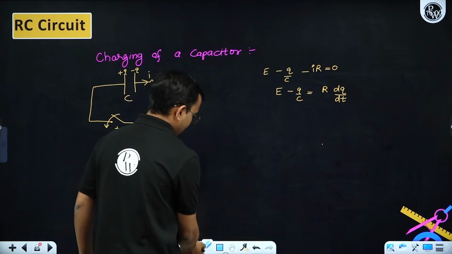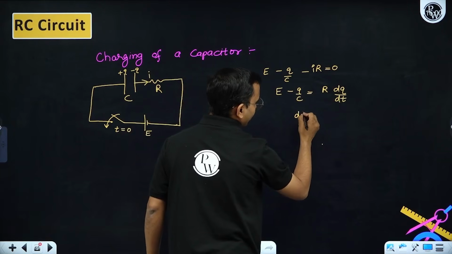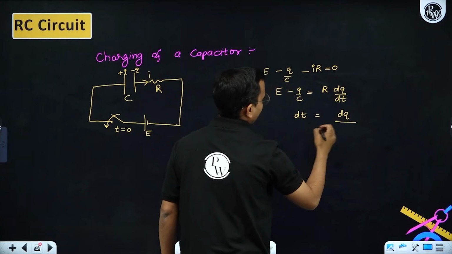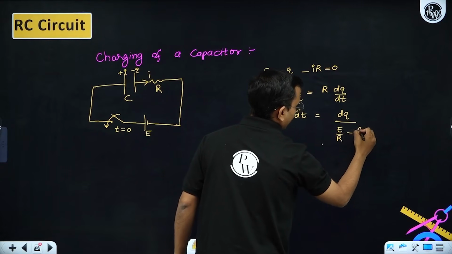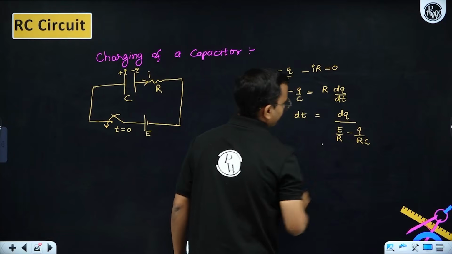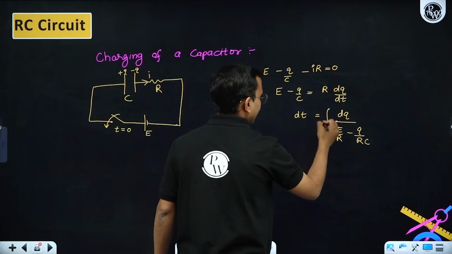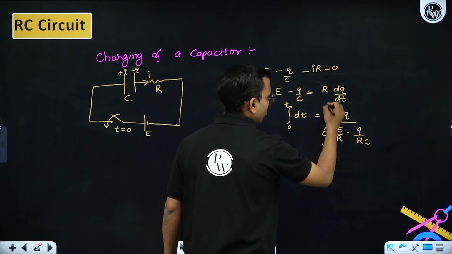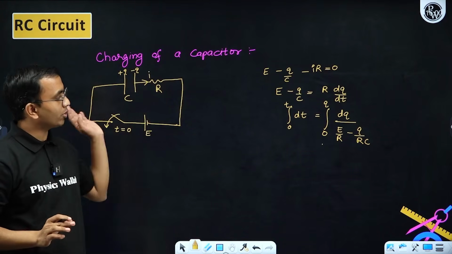I can take R in the denominator, and then I can write this equation this way: dq divided by E by R minus Q by RC. From here I can integrate it. Time goes from 0 to t, Q goes from 0 to Q, because we know that at t equals 0, the charge on the capacitor was 0.